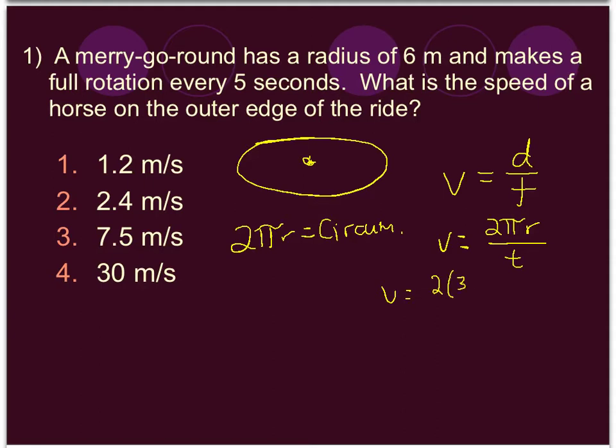So 2 times 3.14 times our radius, which was 6 meters, divided by our time of 5 seconds. So when I plug and chug this, I'm going to get 7.5 meters per second.